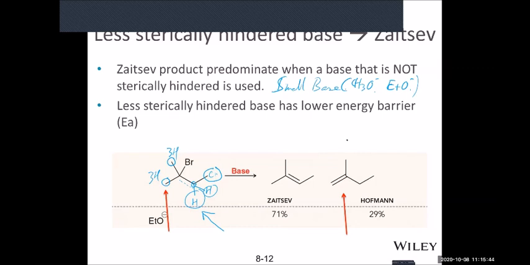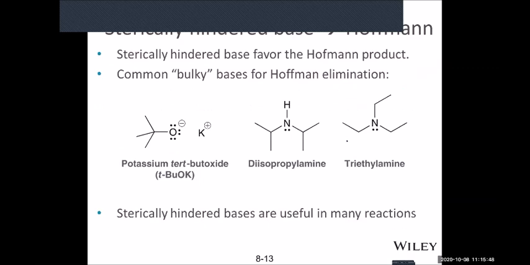When you have a very big base, the story is completely different. There's no diagram showing it, but let me show it on a different whiteboard. When you have a big base, what happens? Here's the bromide, and here are the methyl groups, CH3, CH3, CH3.